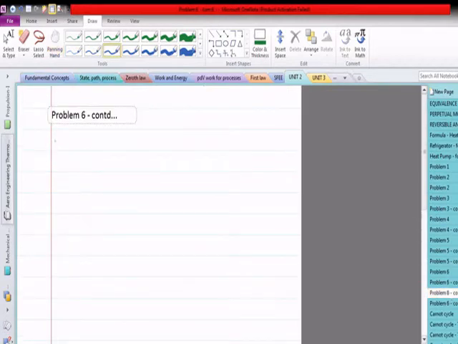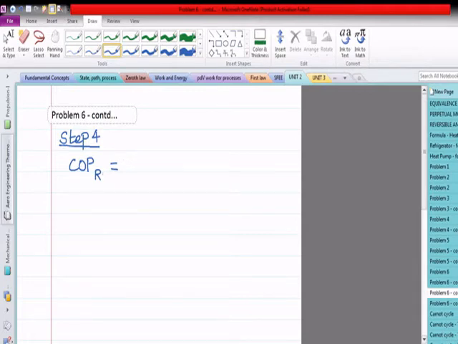So let us write the formula. Step number 4: I am going to write the formula for the COP of the refrigerator.